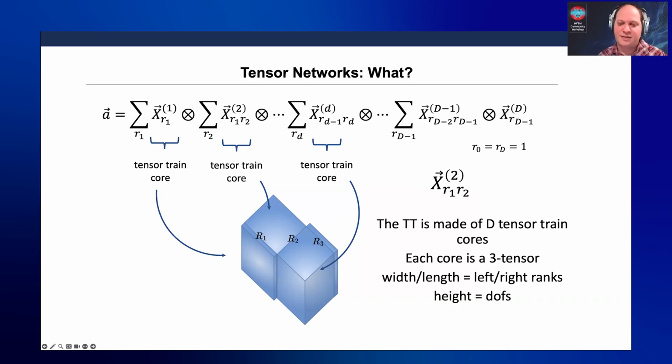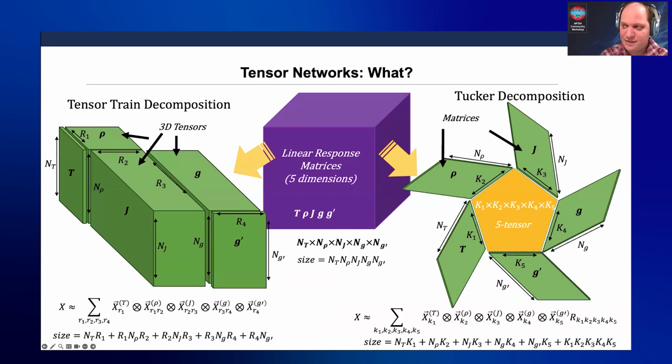In that sense, you have this multidimensional SVD-like thing, and if we can store the state vector as a tensor network, that could save us on memory, but then we have to be able to compute with that as well. There's a couple of different types of tensor networks.